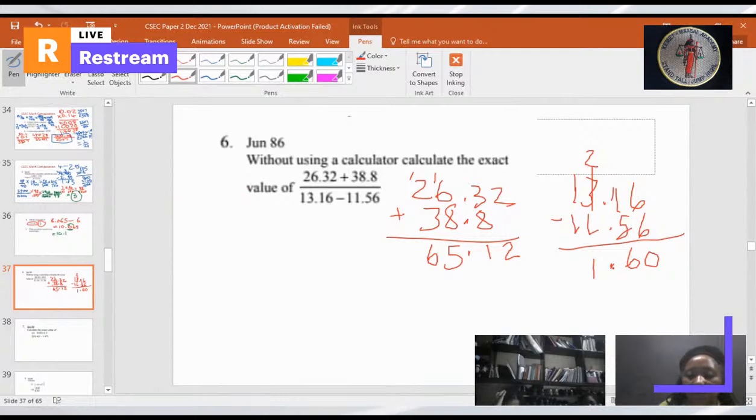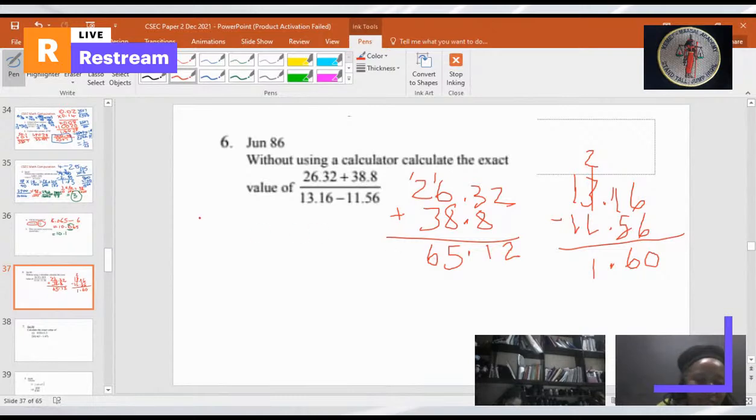Let's say we moved 2 places here to get 160 and 2 places here to get 65.12. You think you could divide by the 160? Miss, 160 into 651 would go roughly 5 times? Wait, no, 4 times?